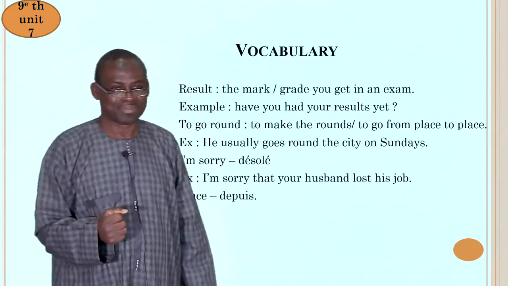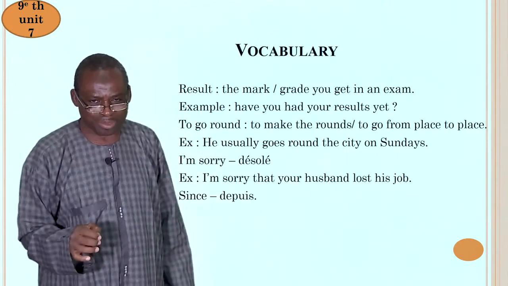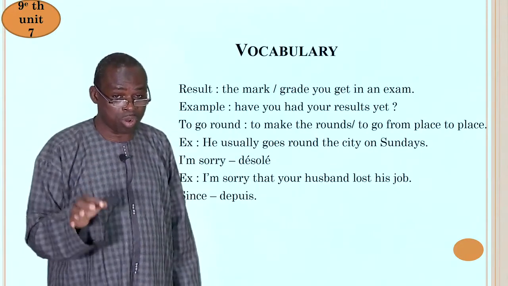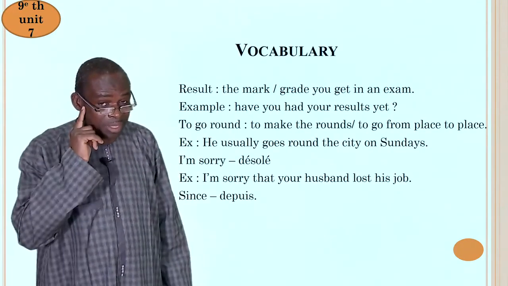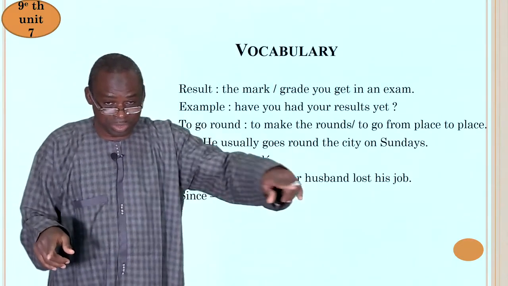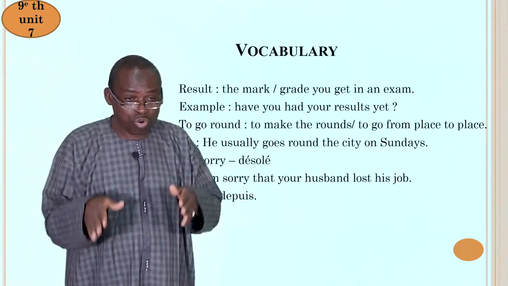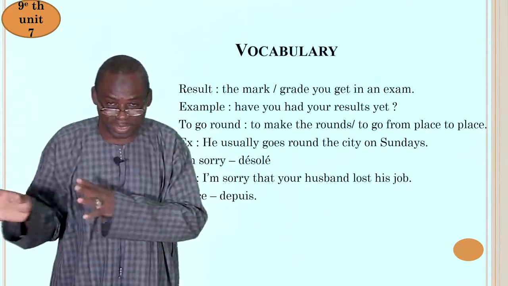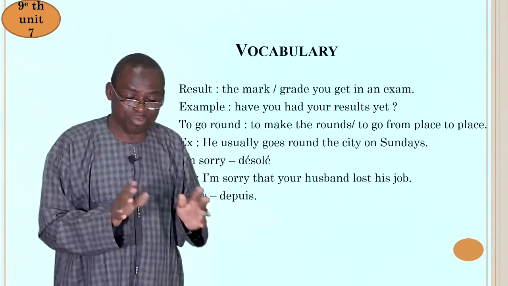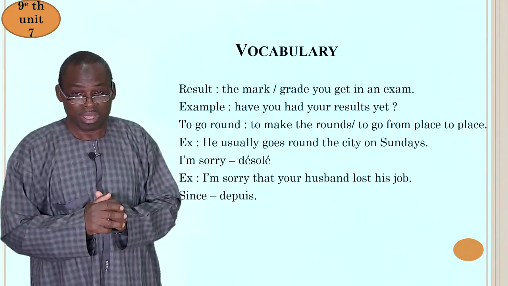All right. The next word is to go round. Go round. Go round. Listen. Go round. So it means to make the rounds, to go from place to place and visit the different places. Okay? All right.